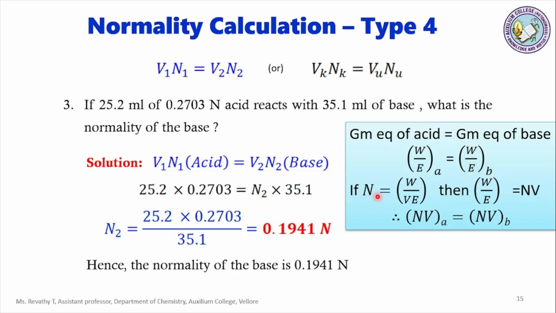We know normality is equal to W by VE. Now we are getting W by E out of it, which will be equal to NV. So, substituting W by E is equal to NV, we get the multiplication of normality and volume of acid will be equal to the multiplication of normality and volume of base. So, we get this formula V1N1 of acid is equal to V2N2 of base. That's how we arrived at the formula.